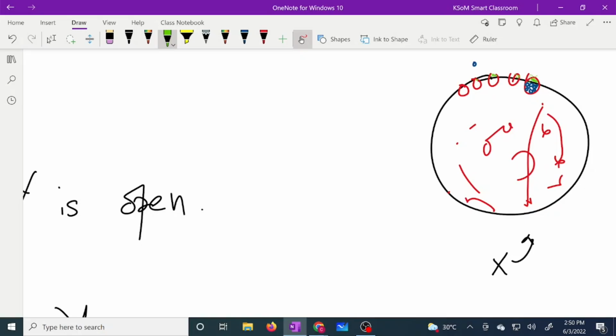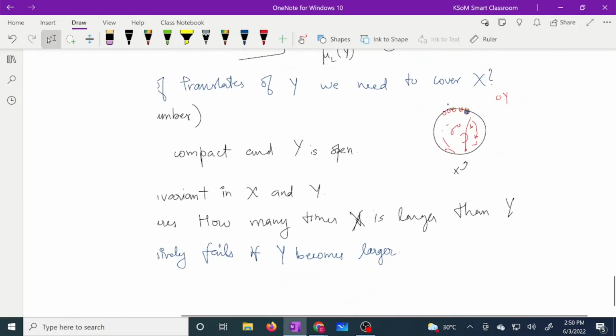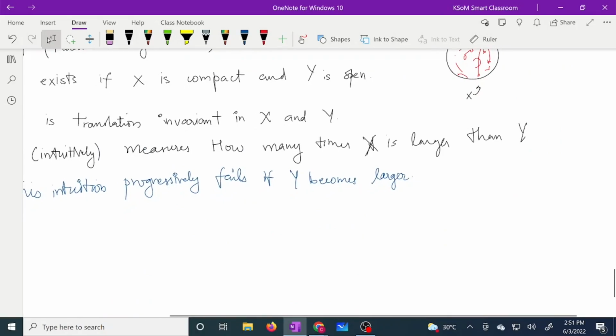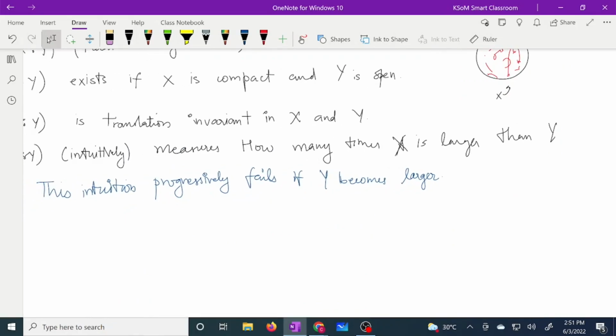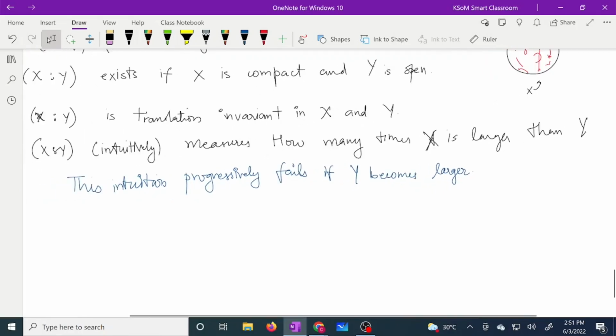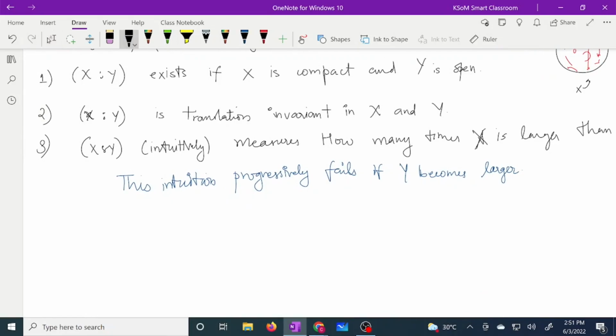So if my y becomes smaller and smaller, the error between the size of x and n times the size of y, or the size of the cover, becomes smaller and smaller. Yes, so the error in that estimation becomes smaller and smaller. Okay, so that is what I mean by this.